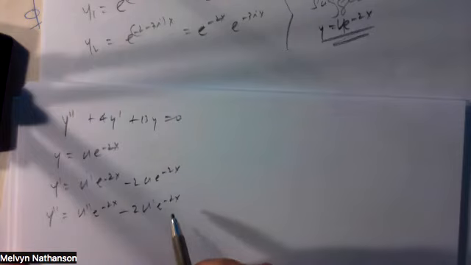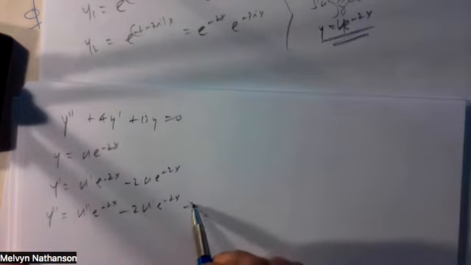And y double prime is u double prime e to the minus 2x minus 2u prime e to the minus 2x minus 2u prime e to the minus 2x plus 4u e to the minus 2x.